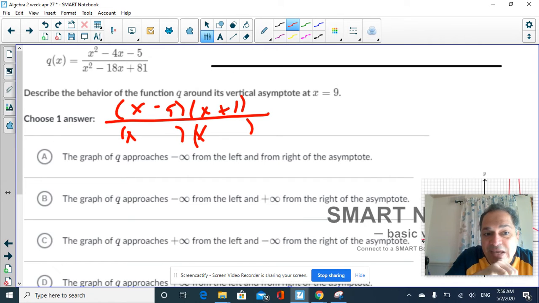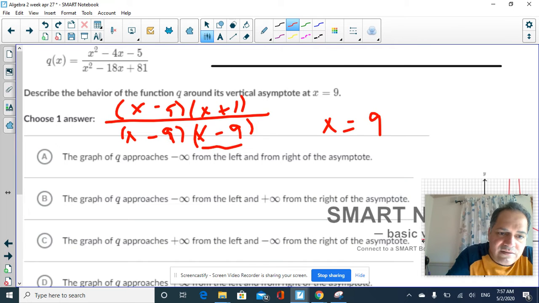What are the factors of 81? 2 and 9, and 9 and 9 make 18. Yes, it's negative 9 and negative 9. So we have a vertical asymptote at x equal what? Yes, 9. At x equal 9, we have a vertical asymptote. So we are going to use 9.